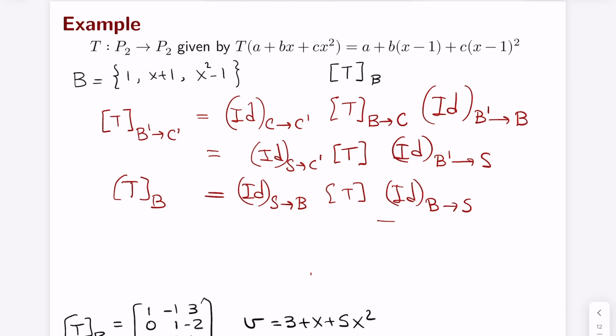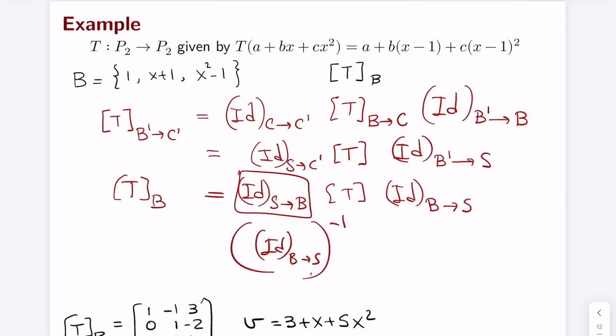So this one, because it's B standard, I mean, if the second one is standard, is simple, get the vectors in the base B and write them as columns. The one that will be harder will be this one, right? Because we have to express in base B. So instead of calculating like this, we can write that this is actually the inverse of the identity in the other direction, right? So we can write it like this, and this one will be just the same as this.